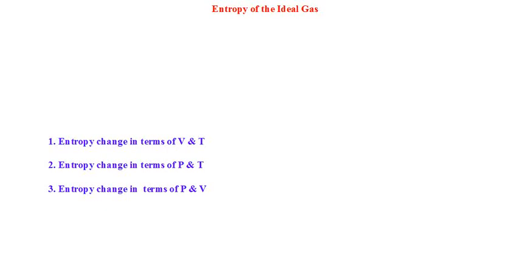So in the previous sessions we have discussed the mathematical statement of the second law of thermodynamics in terms of the Clausius theorem applicable for reversible processes and the inequality of Clausius applicable for irreversible processes in general.